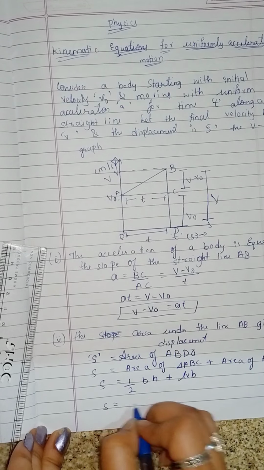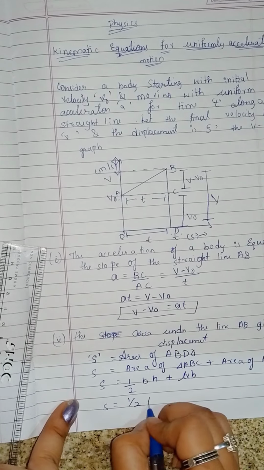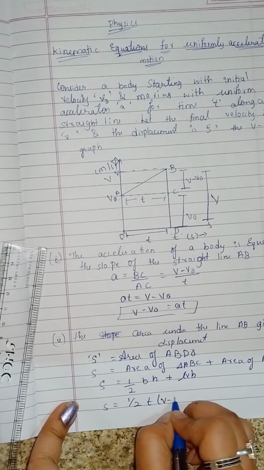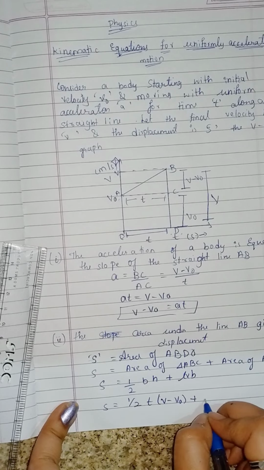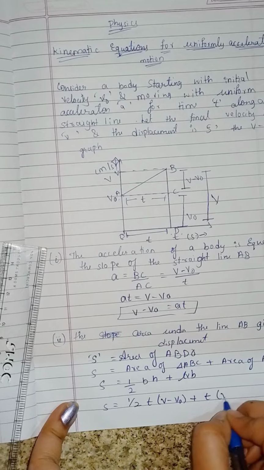So S is equal to half, where base is T and height is V minus V naught, plus length is T and height is V naught.